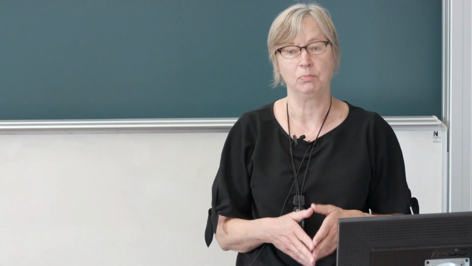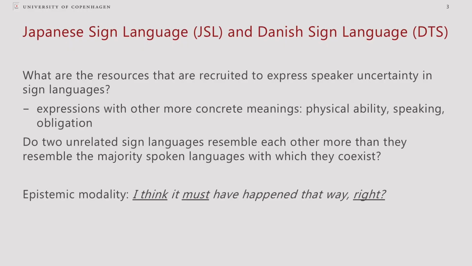But once you know, I wouldn't say that we know that already, but once you know how people make a positive or a negative statement, then you would also like to know how they express their doubt, even when they make a positive or a negative statement. So my questions were, what are the resources that are recruited to express speaker uncertainty in sign languages?